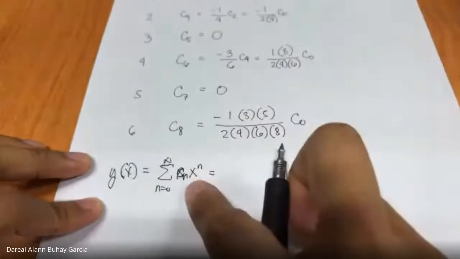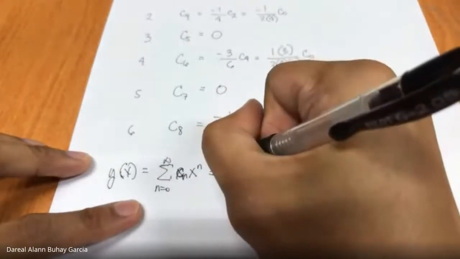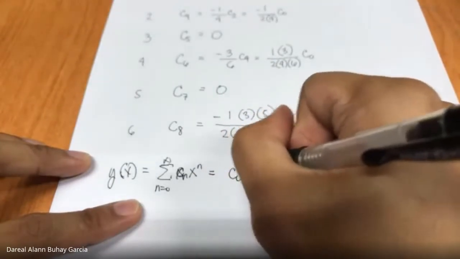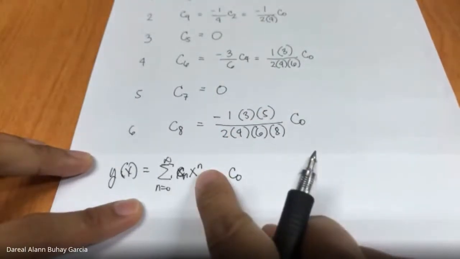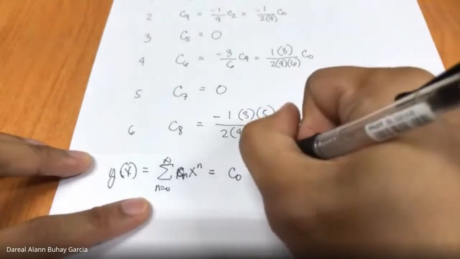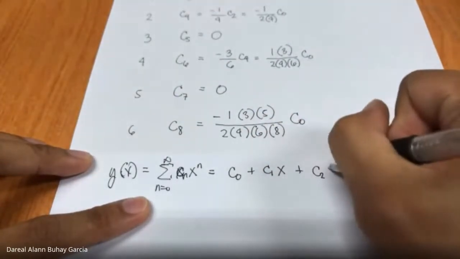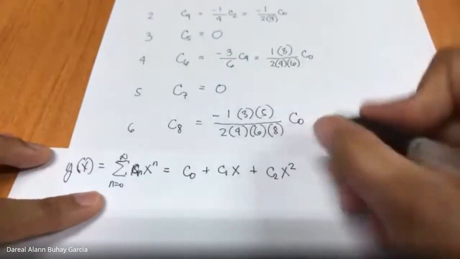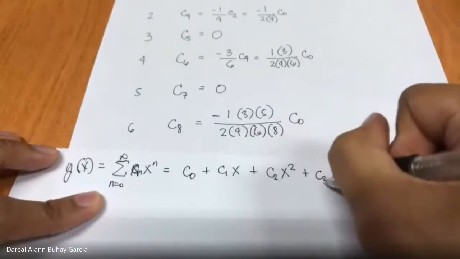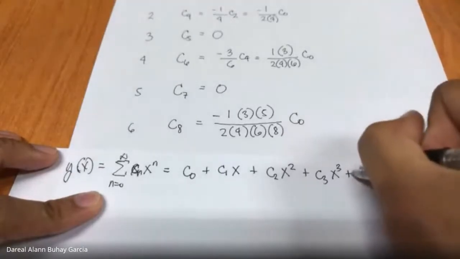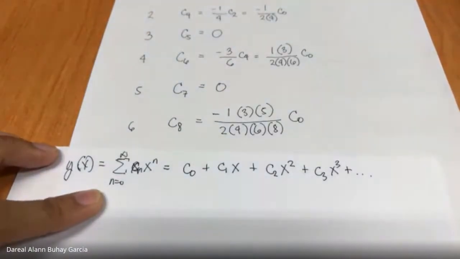If we write it term by term, this becomes c sub 0, x to the power of 0 equal to 1, plus c sub 1 x, plus c sub 2 x squared, plus c sub 3 x cubed, so on, so forth.